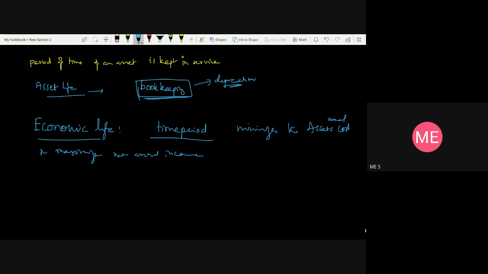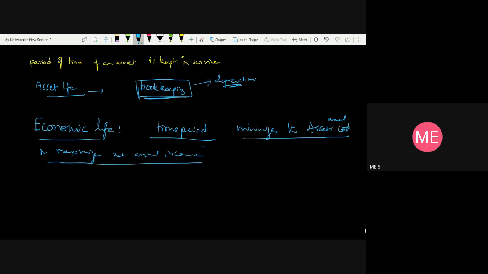It is the time period which minimizes the asset annual cost and as well as increases the annual incomes. At the end of this economic life period, the asset would be displaced by a more profitable replacement if service were still required.